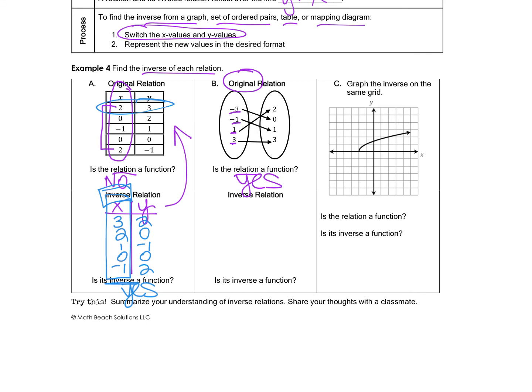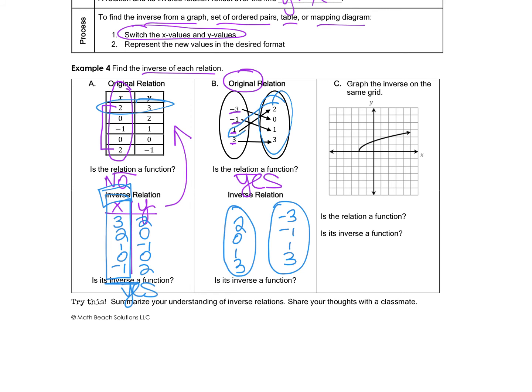Now we want to change it. We want to change and find the inverse of this. So I'm going to go ahead and draw my little 2 circles here, or ovals here. Okay, so then we're going to just look at these values and put them in the first one. And then I'm going to put those original x's over here. So now we have to look at each one.